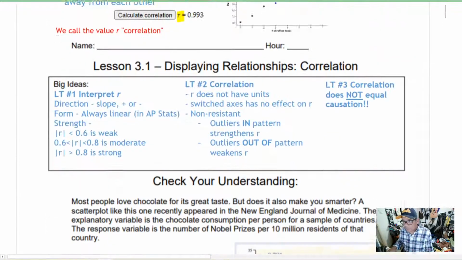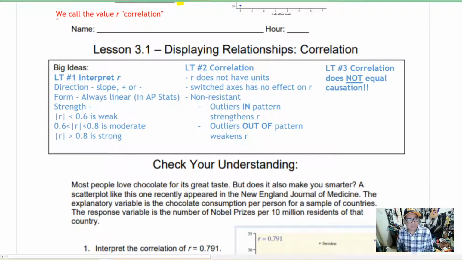And that brings us to describing relationships. So interpret R. For R, you can interpret direction, positive or negative slope, and you can talk about form, which should always be linear in AP Stats. And you could also talk about strength. Now we have some guidelines here.